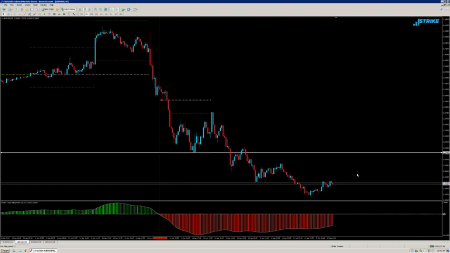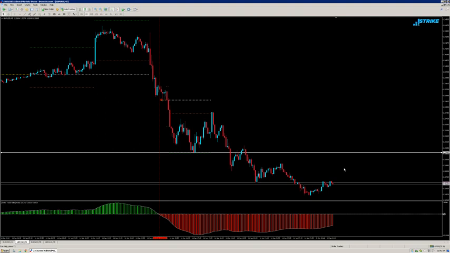When Tokyo opens, you might get a move in a direction, but a lot more often than not, it doesn't have follow through. And because we're looking to trade on these small time frames, looking to catch small momentum, we want to see a bit more consistency than the Asian session usually provides.